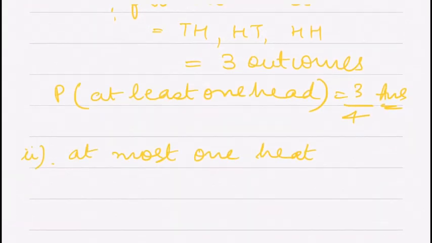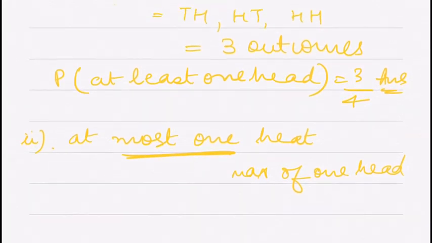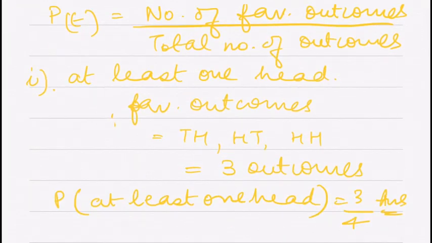At least means it can have one or more, but at most 1 means it can have a maximum of 1 head. But it can have 0 also, right? You are getting this point? It can be no head also.